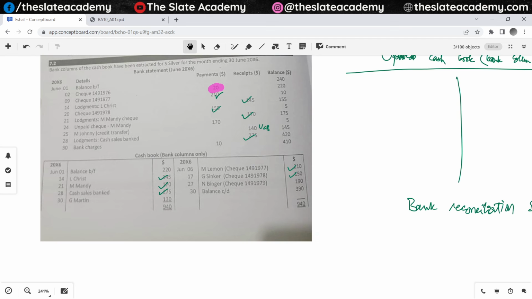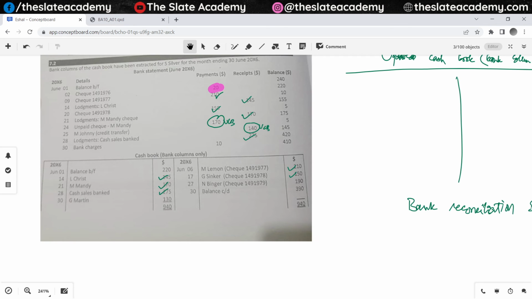Yes, it's there in the bank statement too. There is a payment of 190 in the cash book which is not there in the bank statement, and there is a payment of 170 in the bank statement. This doesn't appear in the cash book, so we will again record these two transactions in updated cash book.